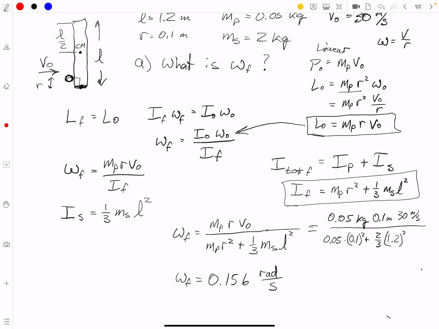I believe that is correct. I'm pretty sure that's right. Yeah, I'm almost 100% sure that that is correct. So let's erase a little bit of these things and we'll move up.